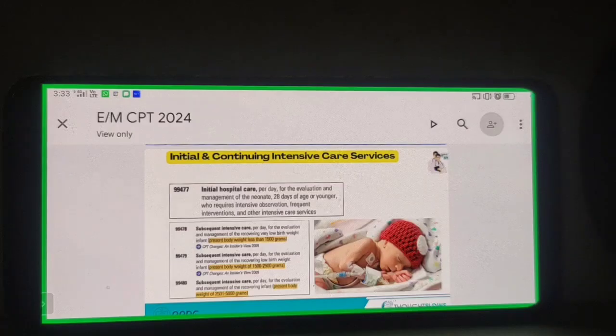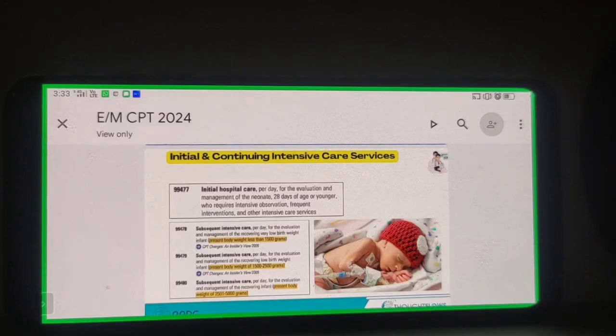For example, low birth weight and premature babies are admitted to the NICU. I think everybody knows the incubator. The incubator is nothing but a neonatal intensive care unit, where they place premature infants and low birth weight babies for initial stabilization.